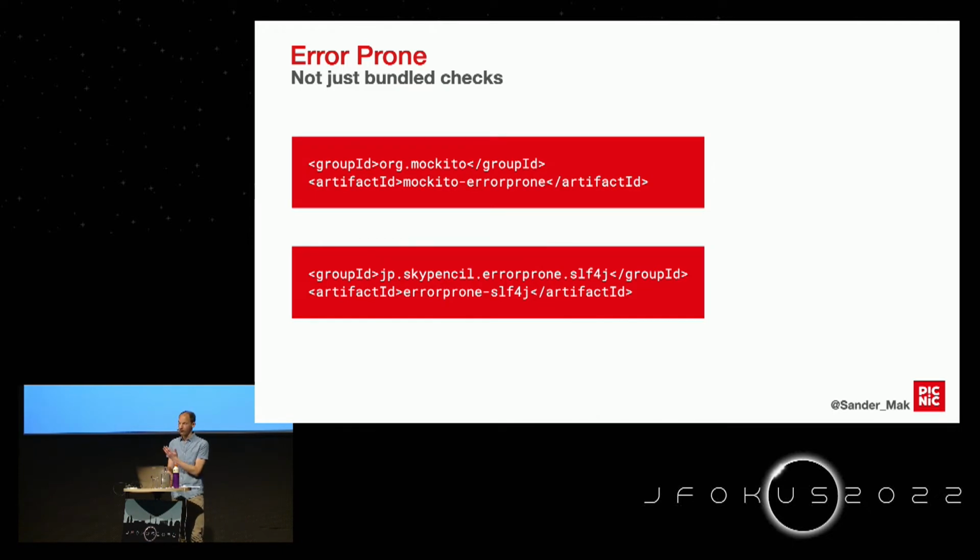So for example, from the Mockito side, there's a Mockito error-prone contribution which checks for some Mockito-specific anti-patterns that you can hook into your compilation step. There's also a contribution from the community around SLF4J usage. So there are lots of things that you can tap into to make the tool even more useful. And I think that's really nice. So it's in that sense pretty modular. You can add more of these checks as you use more libraries, more different things from the ecosystem.